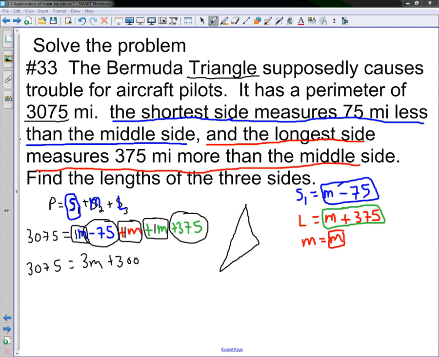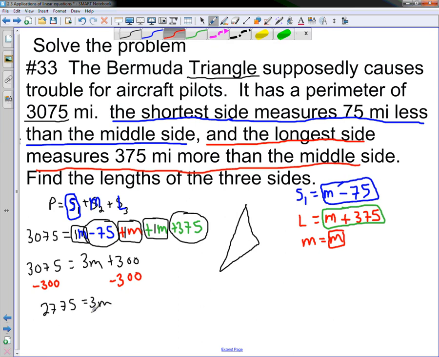Our next step is to subtract over the 300. So let's get the red pen. So we have minus 300, and that gives us 2775 equals 3m.